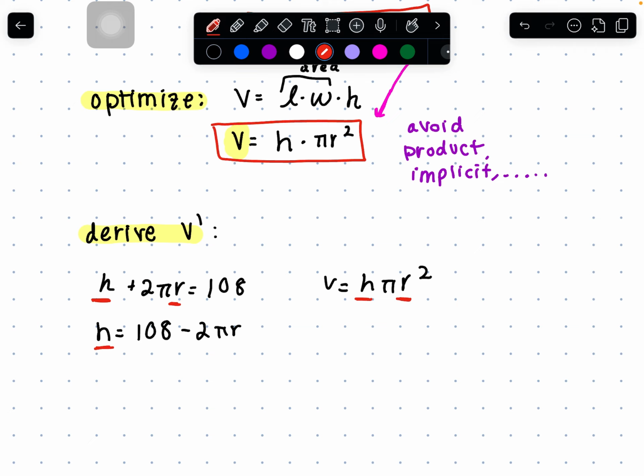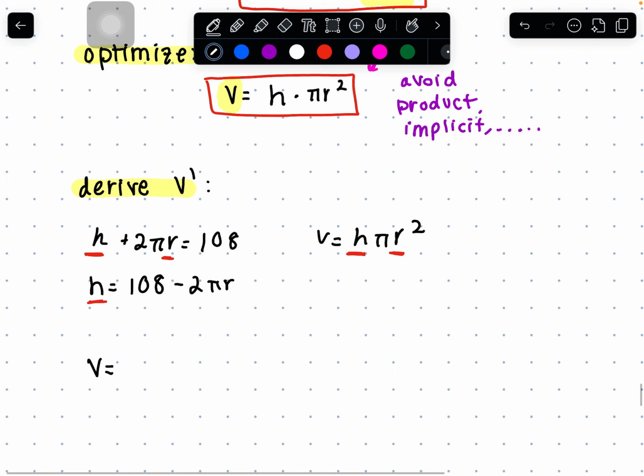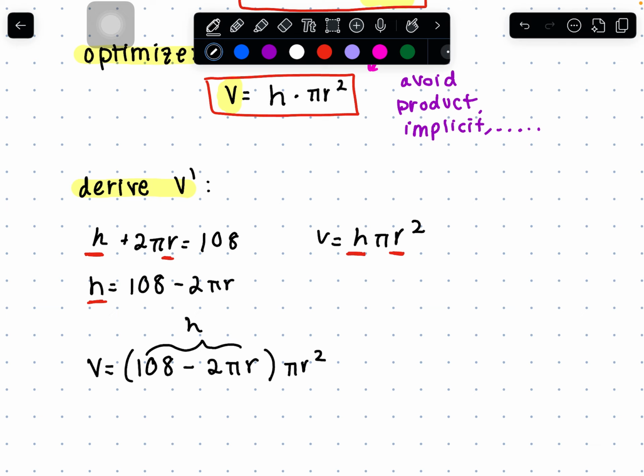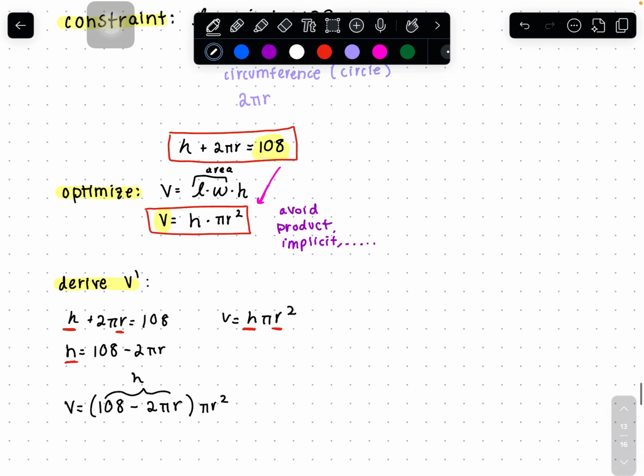This h is the same as this h, so we're going to make a substitution and say volume is 108 minus 2 pi r times pi r squared, because this is just our height given radius. We haven't taken any derivative yet. All we've done so far is algebra. This is the hardest part. If you can get here, you're going to be okay.